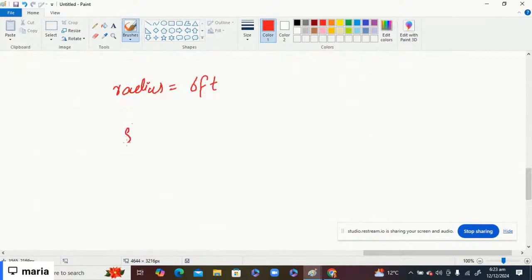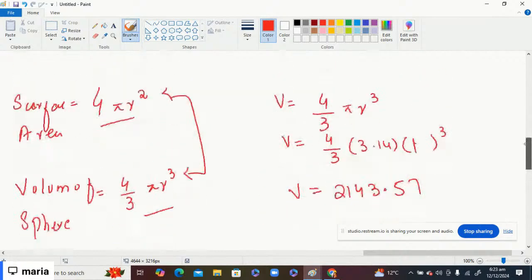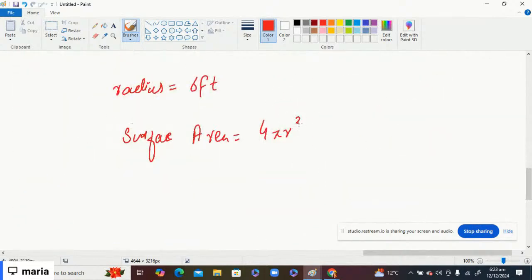So surface area is 4 pi r. Is it cube or is it square? It's square. Okay, 4, then pi value is 3.14 and r square is 6 square. So let's find it out.